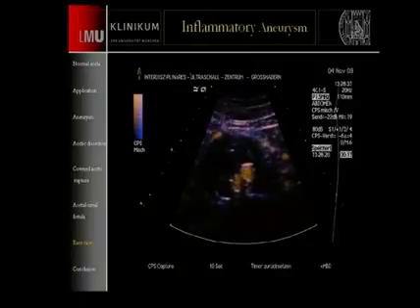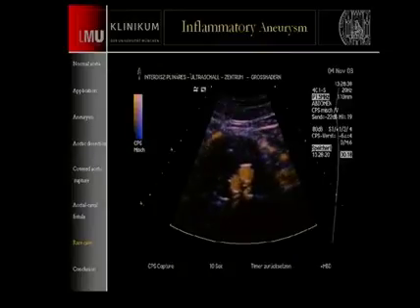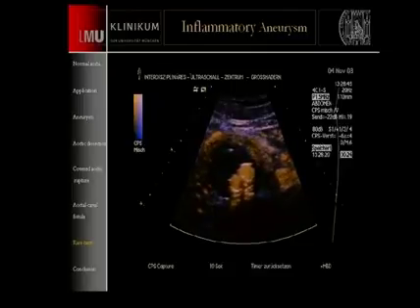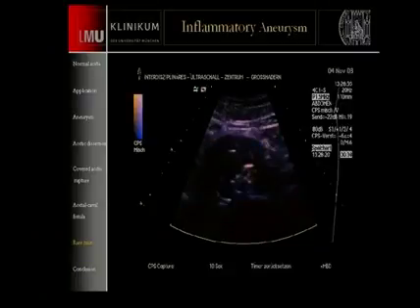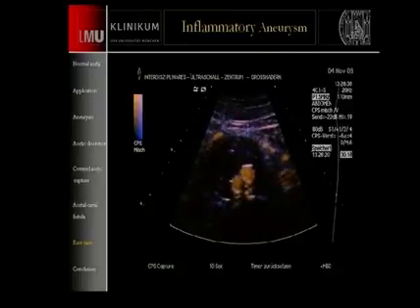We inject contrast, we see the perfusion of the stent graft, that's fine. It takes a little while, and then we see this filling of the inflammatory aortic aneurysm, especially on the ventral part and on the lateral part, due to the fact that it's an inflammatory aortic aneurysm.